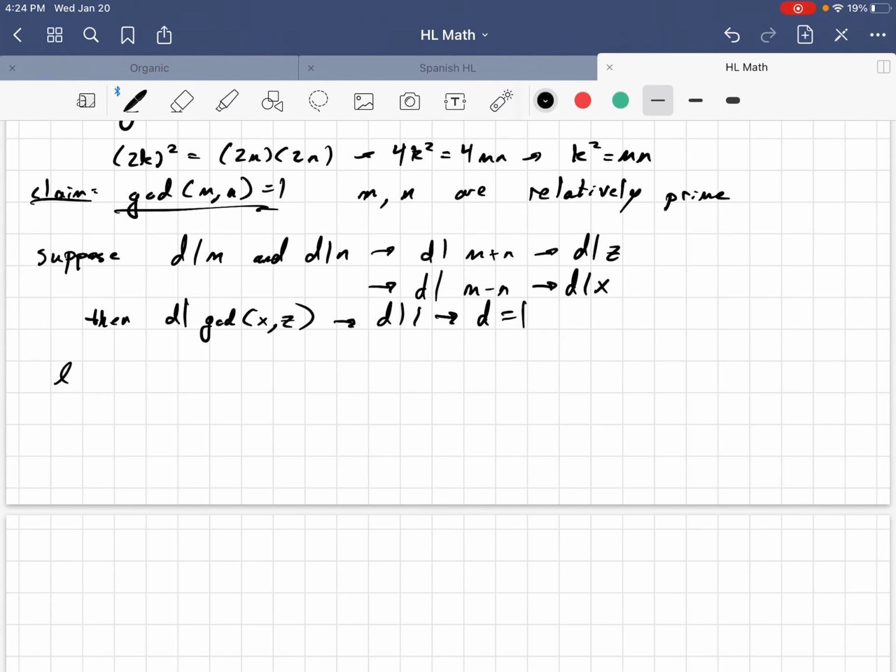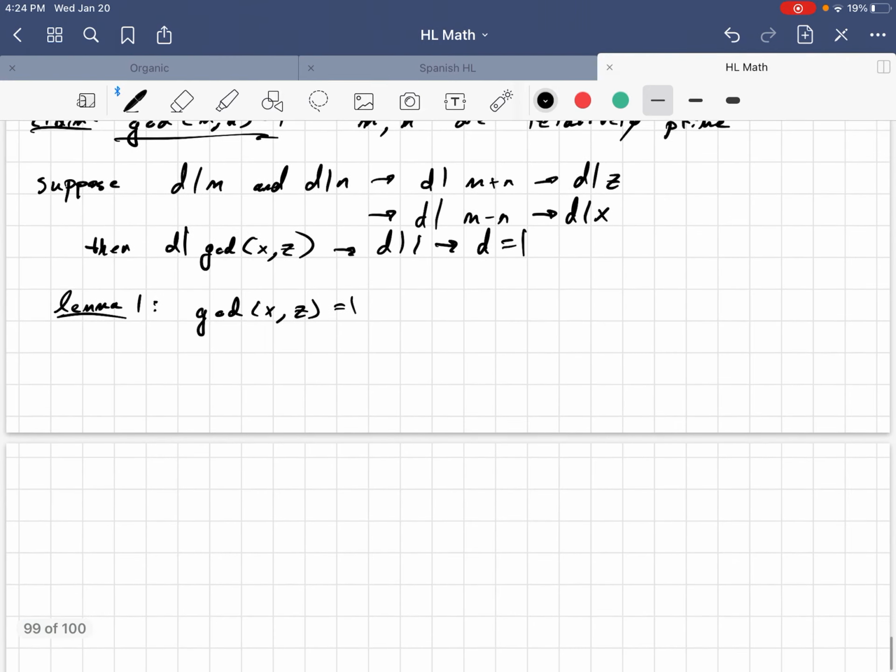Now, my little lemma about the GCD of x and z being equal to 1, I'll also do via contradiction. So let's say it's not 1. Let's suppose instead that the GCD of x and z is equal to another integer, call it L.